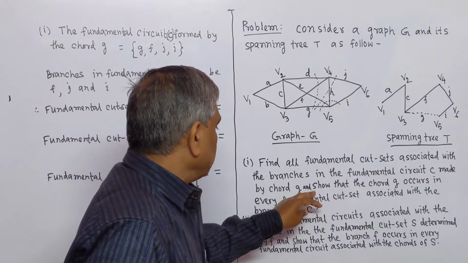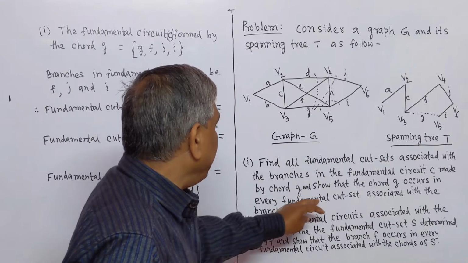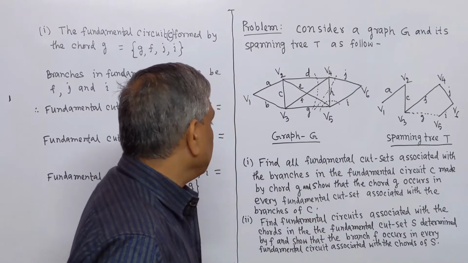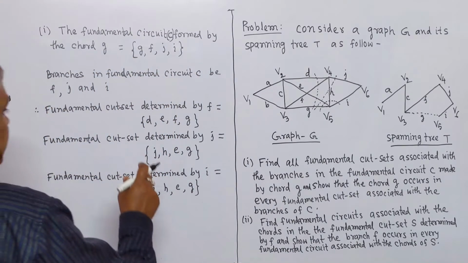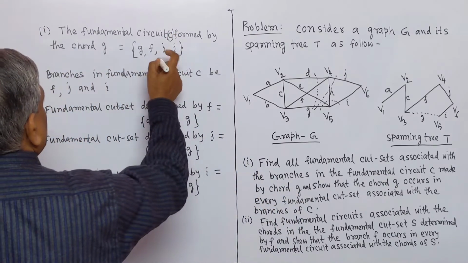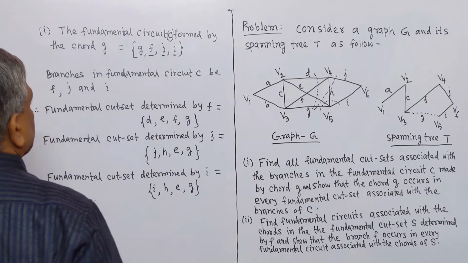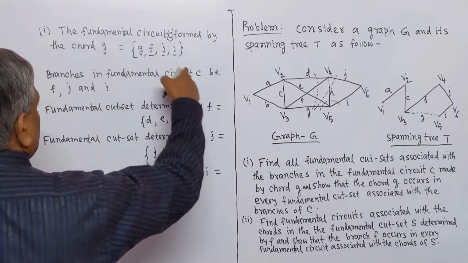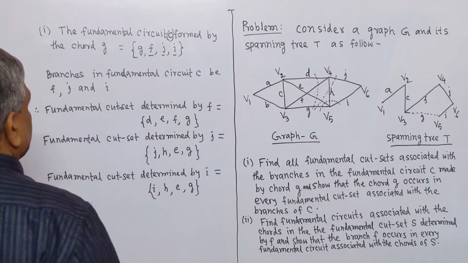Now, so that the chord G occurs in every fundamental cut set associated with the branches of C. These are the branches of C: F, J and I. And corresponding these branches we get three cut sets, fundamental cut sets.